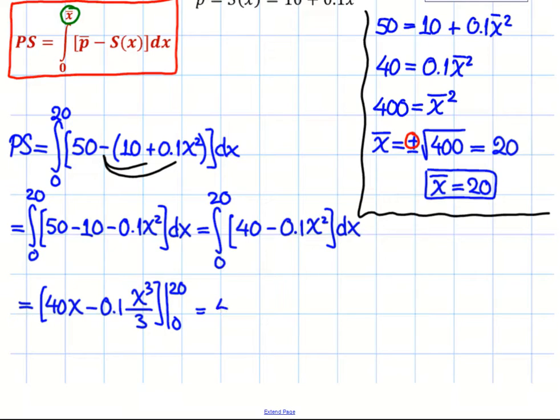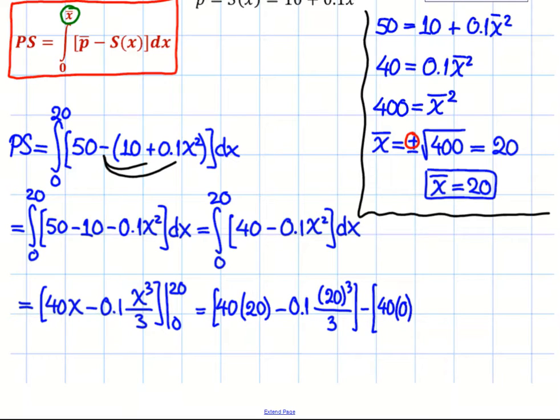We have 40 times 20 minus 0.1 times 20 cubed over 3, and then we substitute in 0: 40 times 0 minus 0.1 times 0 cubed over 3.